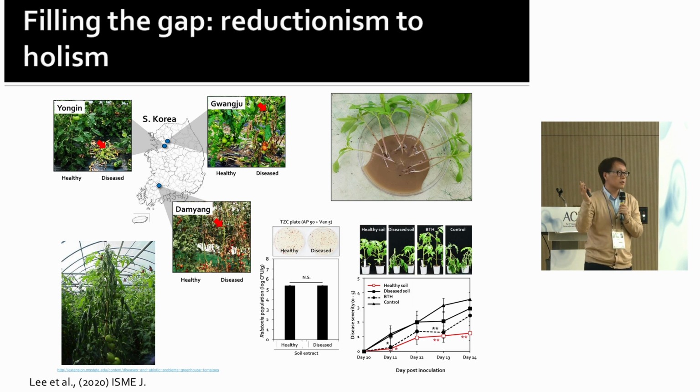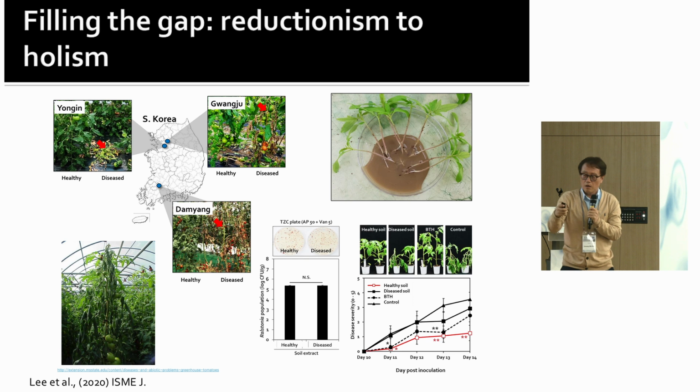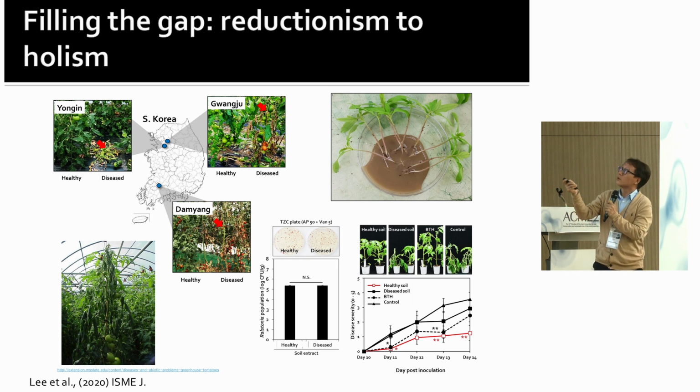This is one example of what we did in my laboratory. One day we visited tomato farmers in totally different areas. We saw a very interesting phenomenon: totally wilted tomatoes, caused by Ralstonia solanacearum, which causes bacterial wilt.